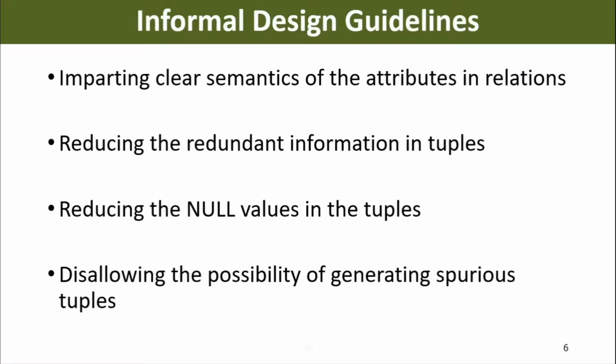Now let's proceed with informal design guidelines. Before going for formal guidelines, let us try to understand a few informal design guidelines that will help us in designing a database. They are: imparting clear semantics to the attributes in a relation, reducing the redundant information in tuples, reducing the null values in the tuples, and disallowing the possibility of generating spurious tuples.